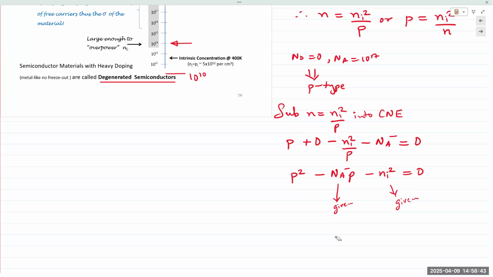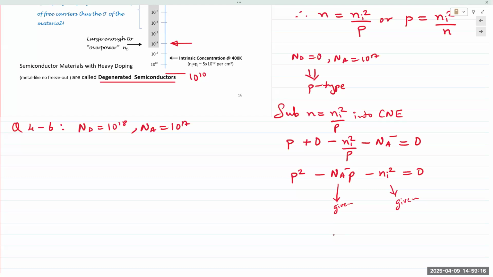I'm going to rush. There's about a minute and 15 seconds left. There were questions 4, 5, and 6. So 4 through 6 was the opposite. ND was 10 raised to 18 and NA was 10 raised to 17, I believe. I can't remember exactly. So ND is higher than NA. But in this case, NA is not 0, so you have to take that into account in your equations.